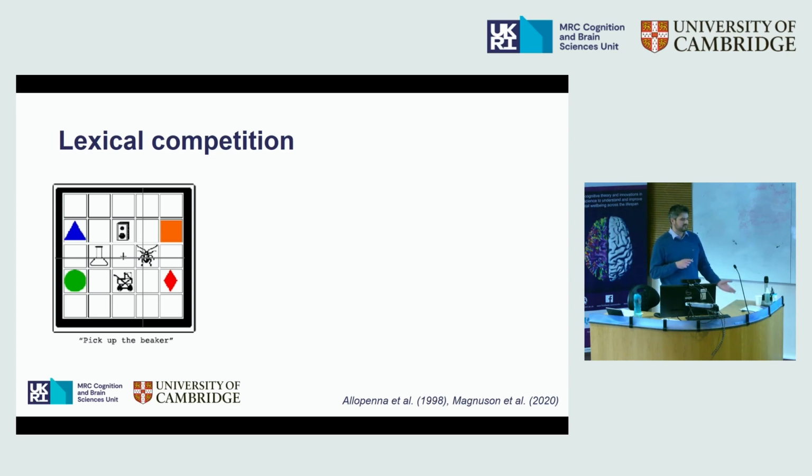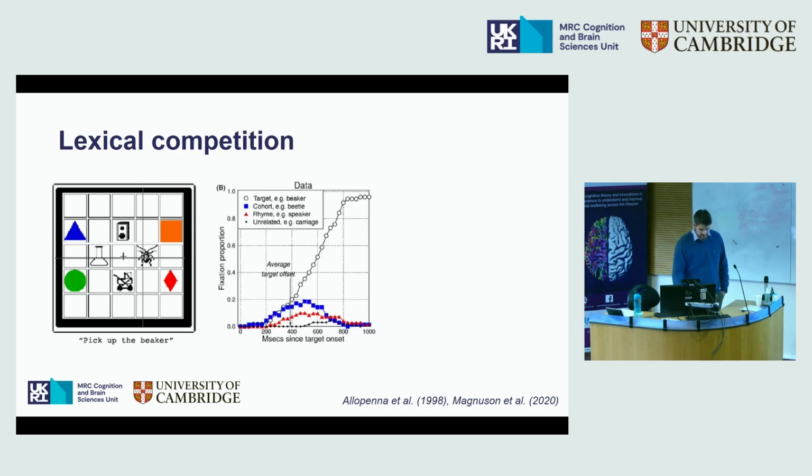It doesn't start with the same syllables, but it rhymes. And there was an unrelated word, in this case, carriage. Whilst participants were listening to this sentence, their eye movements were monitored, and basically they assessed where participants looked during the presentation of the word beaker.